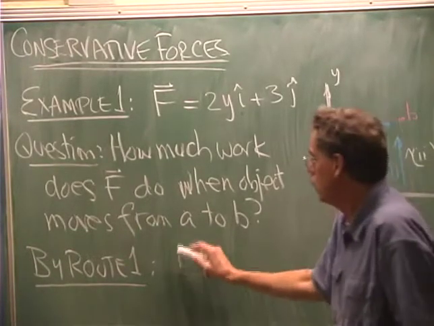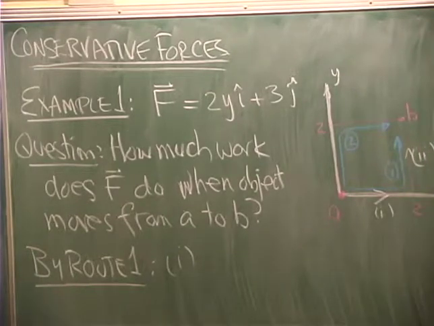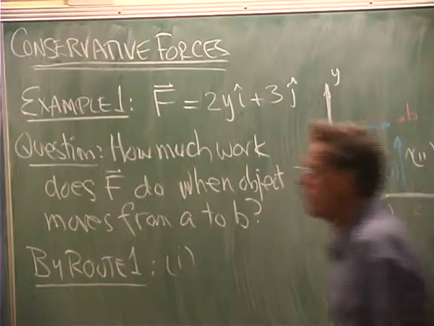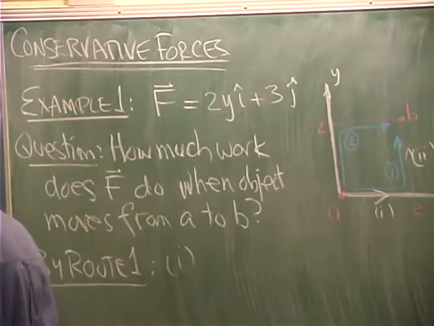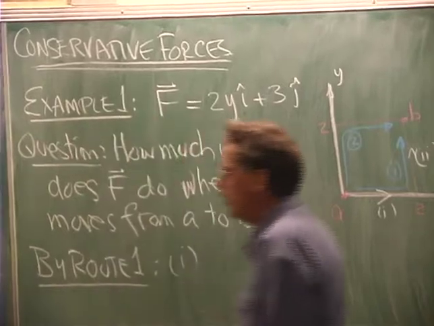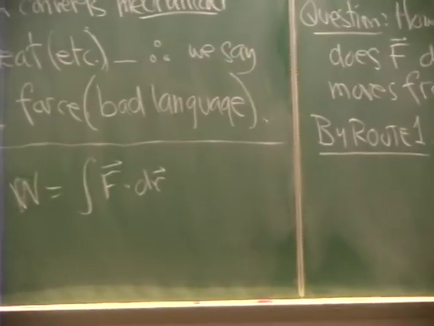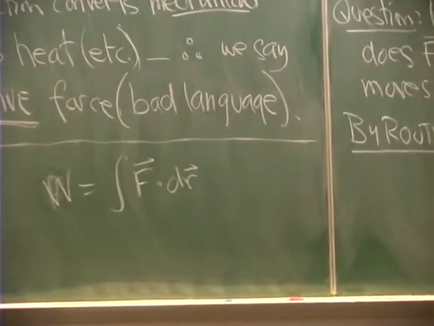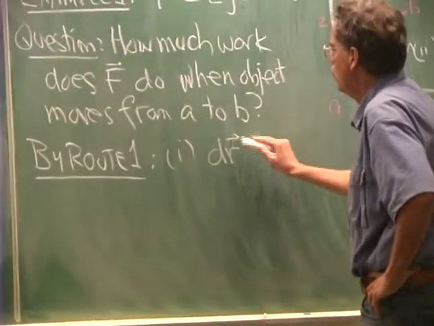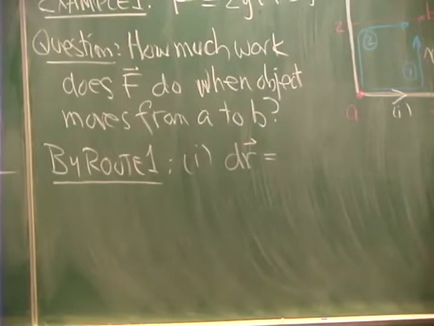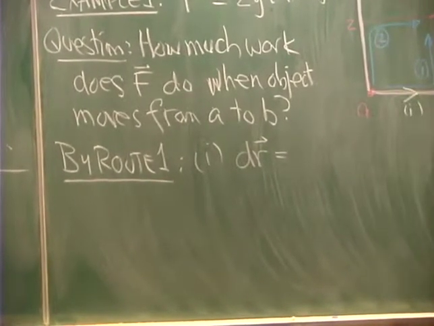Part 1, when I'm going just along the x-axis, what is the displacement then? In general, remember, W is equal to the integral of F dot dr, the dot product of the force and the displacement. So along this leg here, the displacement is purely in the x direction, right? It's just going in the x direction.